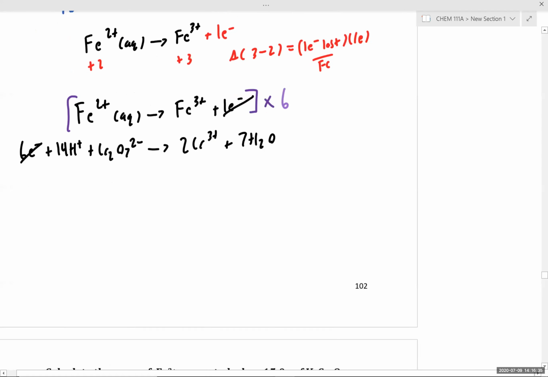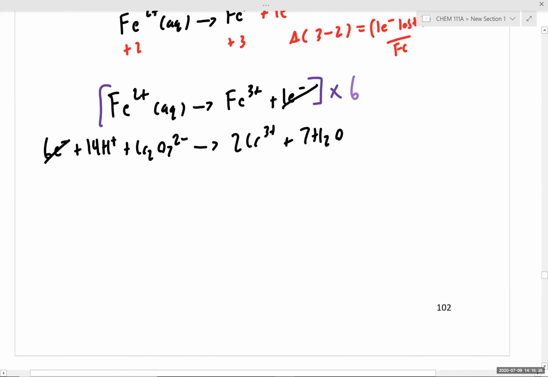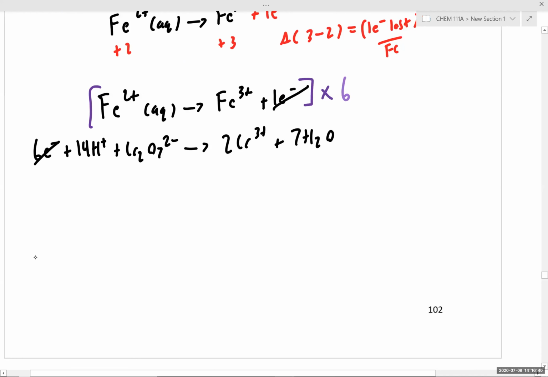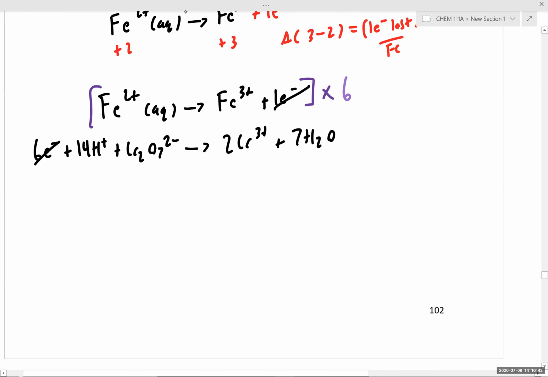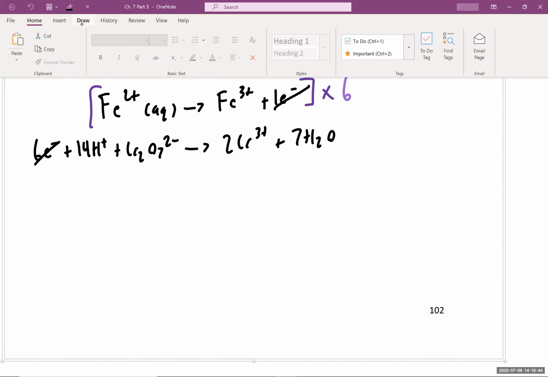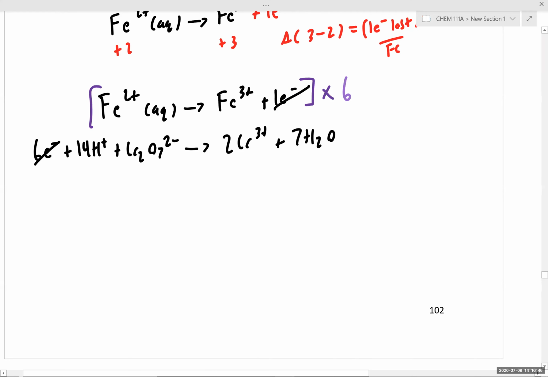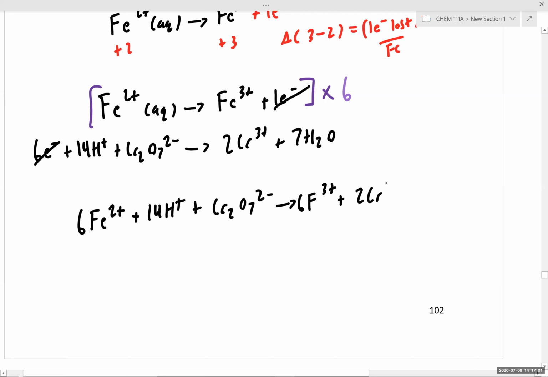So now when we combine our equations together, that in turn gives us the following balanced redox reaction. We have 6 Fe2+ plus 14H+ plus dichromate leads us to 6 Fe3+ plus 2 Cr3+ plus 7 H2O.